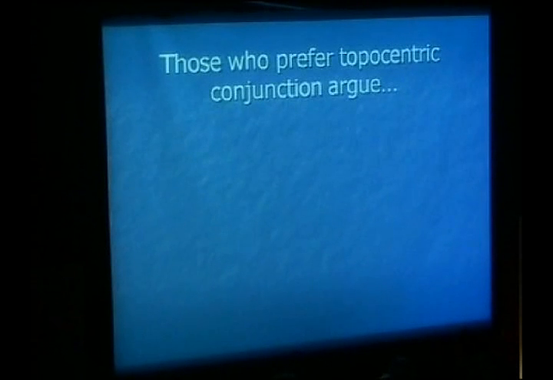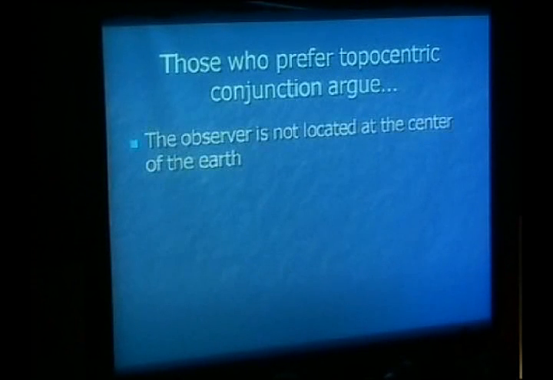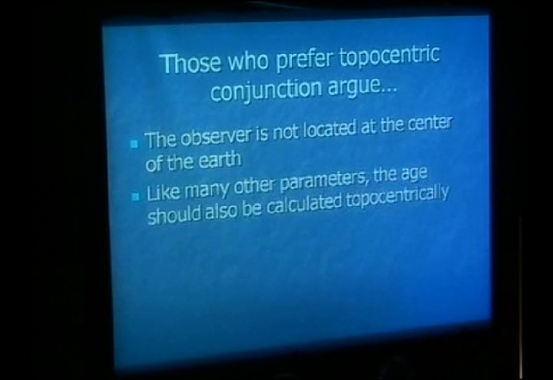Those people who prefer topocentric conjunction argue the observer is not located at the center of the Earth, so why should we calculate the age geocentrically? That's nonsense, they say. Like many other parameters, the age should be calculated topocentrically.